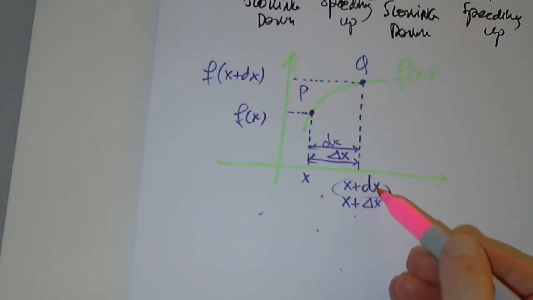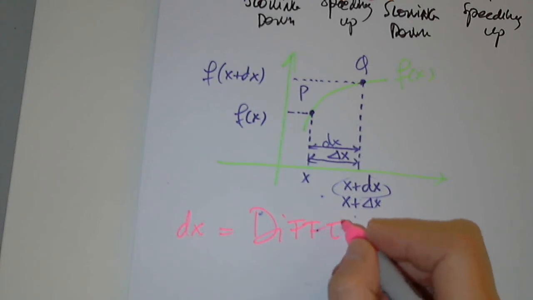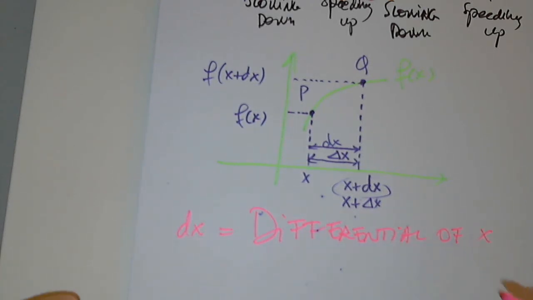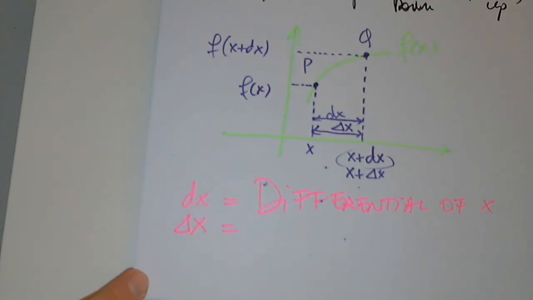So dx is called the differential of x. In plain English, a minor change in x, a minor error in x. Delta x is the change in x.